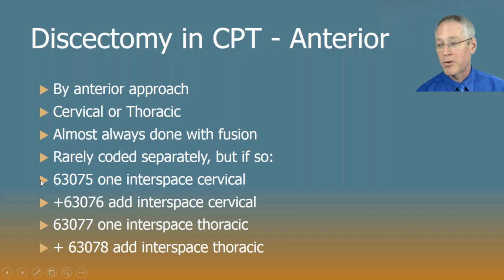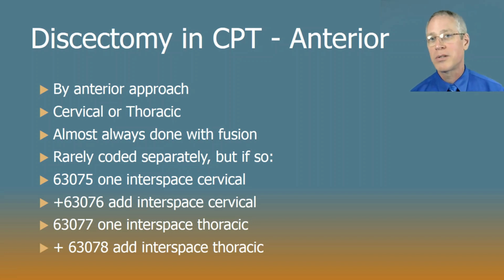But in any case, these codes do exist for the isolated anterior discectomy when that's all that's done. 63075 and 76 for cervical, 77 and 78 for thoracic. So that's pretty straightforward, but I urge you, if you ever find yourself in this neighborhood of codes, be careful. Read that note very carefully to see that there's not something else like a fusion done along with it that would dictate a different set of choices of codes.